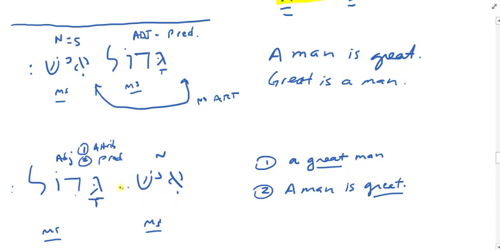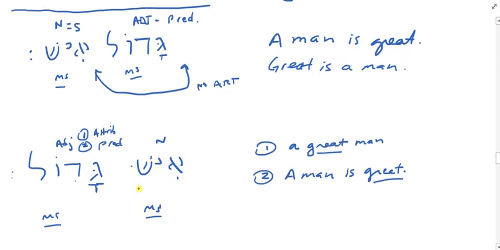You can't make this a predicate adjective because your verb is not a copula there. Your verb is halach. So you're going to translate this and understand it as an attributive adjective. A good man or a great man walked to the city. Okay? So the broader context will often help you disambiguate.